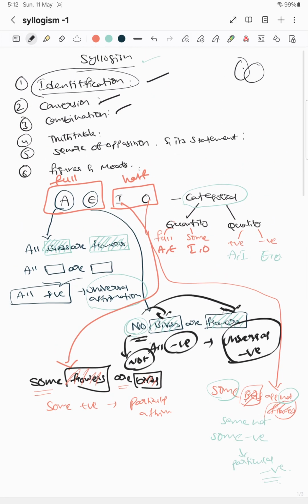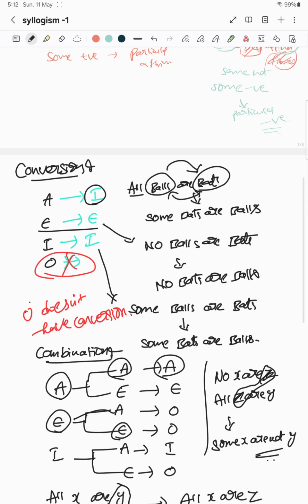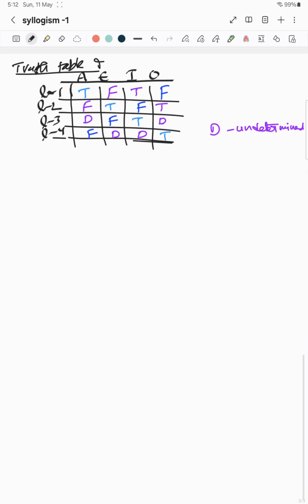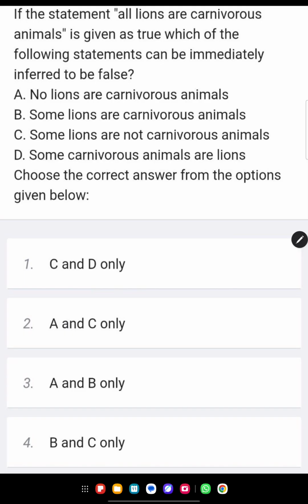Okay, let us take some problems and we will see how it will work. So before doing that, let us complete the square of opposition as well. I think you know what the square of opposition is. It is better to see how the truth table looks like. Okay, let us go back and bring a few of the truth table problems here and see how it will work. Yeah, so now we got this truth table here actually.